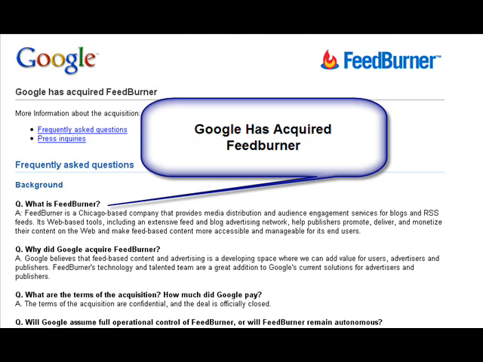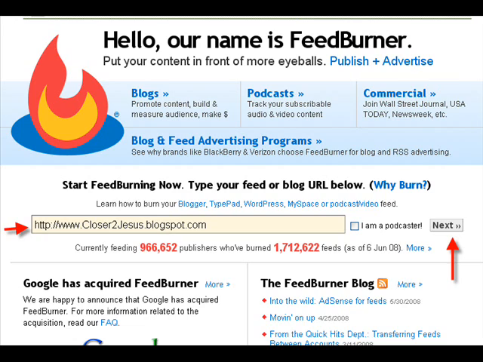You type in your blog site right there, and you click next. This is where they'll take you. They'll take you to the next page in just a second, but I did want to mention that you can get very creative with a free blog and the free use of this service, FeedBurner, if you need to, okay?